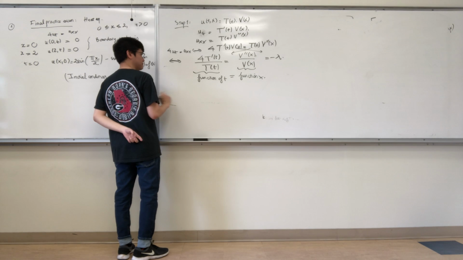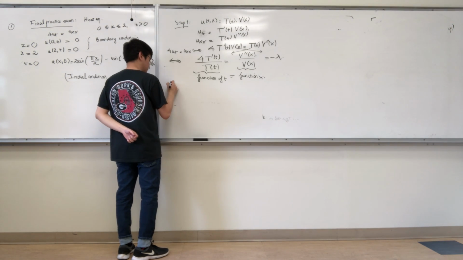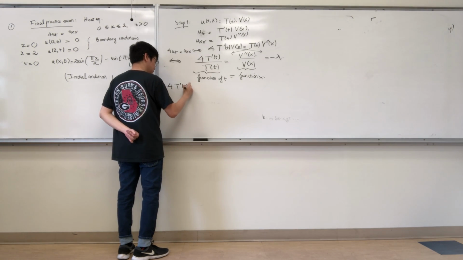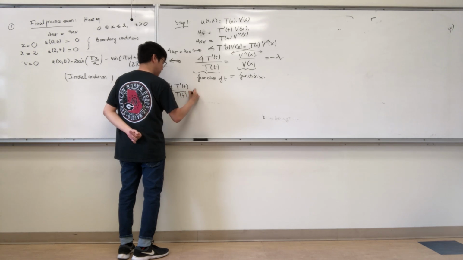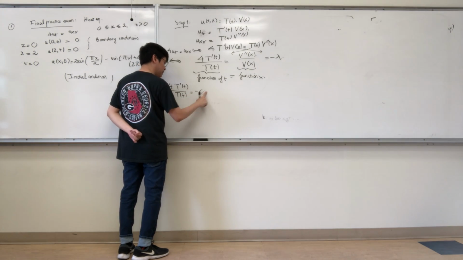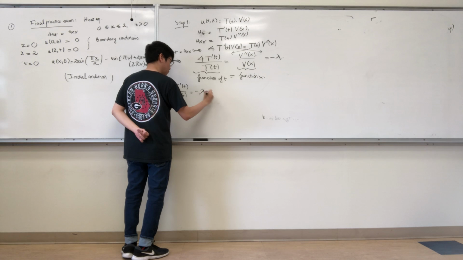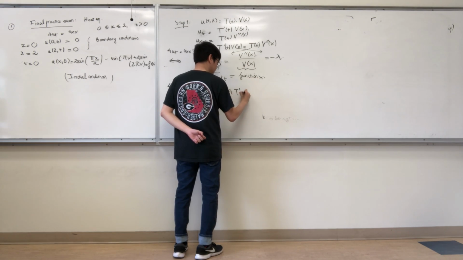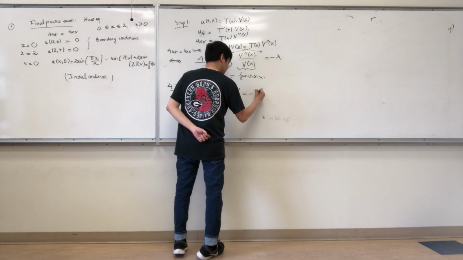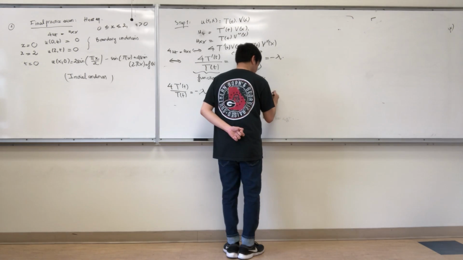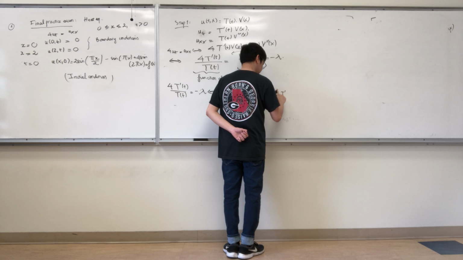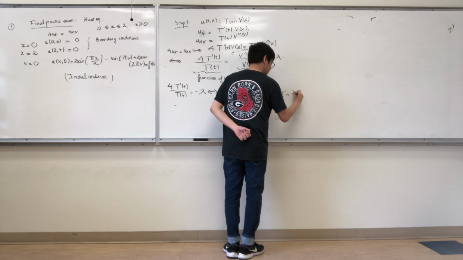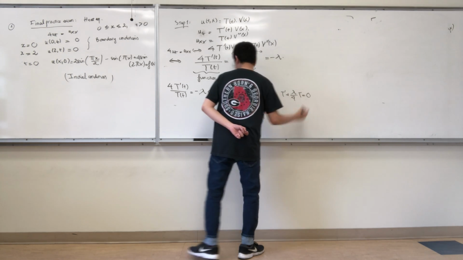So now I'm going to have the first equation, T prime over T is minus lambda, which means that T prime is minus lambda T, or you have T prime plus lambda over 4 T is 0.